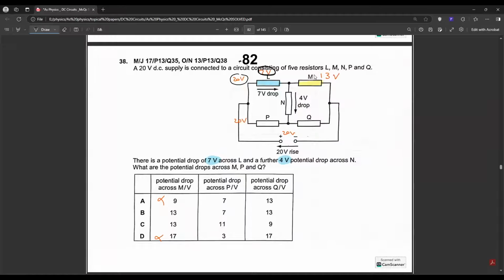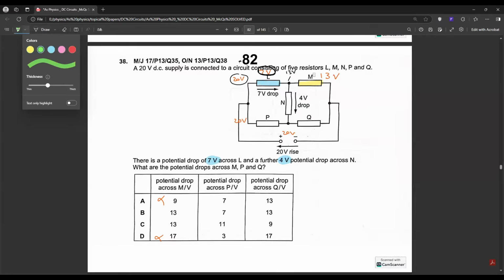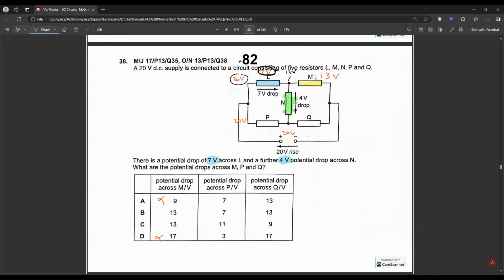You have given off 7 volts, or 7 rupees, here. What is the remaining voltage at this point? 13 volts. If there is a drop of 4 volts across this resistor N, what will be the voltage at this point? The voltage at this point will be 9 volts.